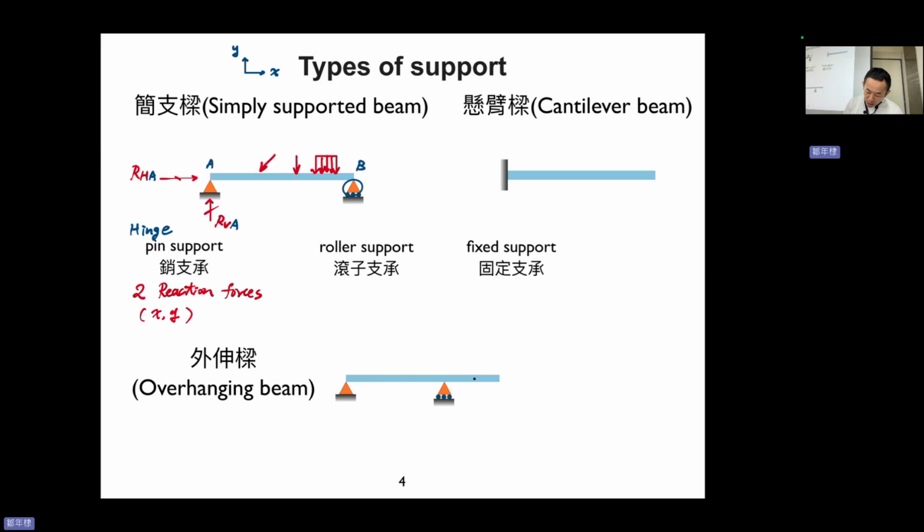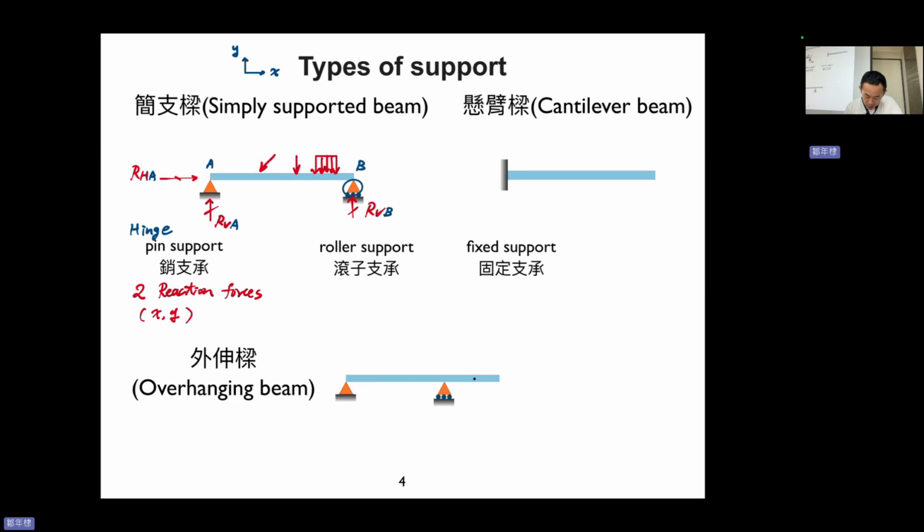So it only gives a vertical reaction force, but no horizontal reaction force, because it can move left and right. This is a roller support.